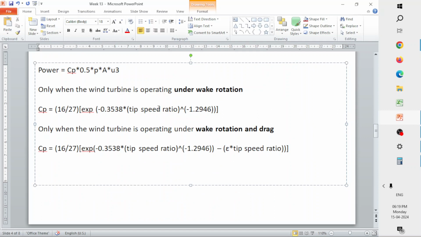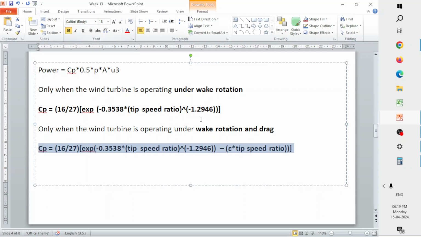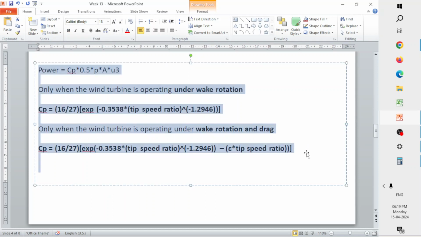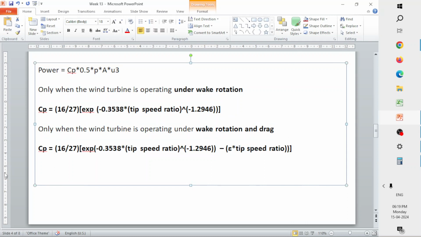So these are the two important correlations that we require for this problem. You can take this correlation. This is also there in the video lecture, so you can always refer to that. There is nothing different from what we are doing here.